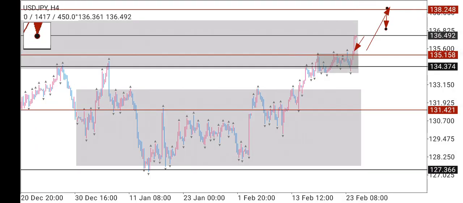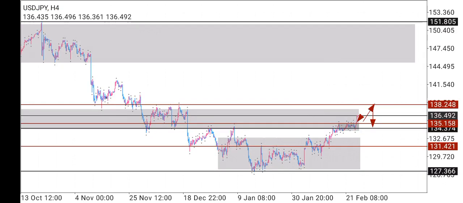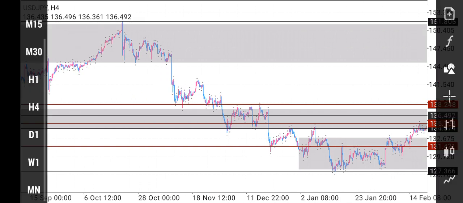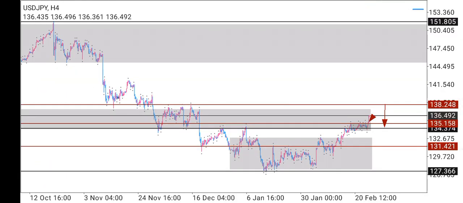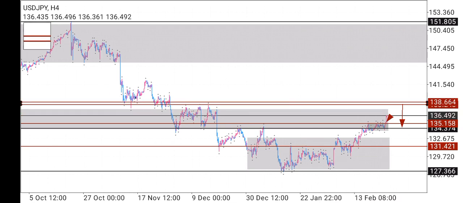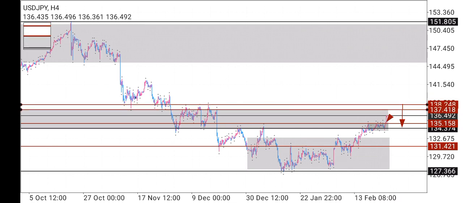So we'll be going for a retest. So let's see from this weekly. I'm seeing another point here. Let me mark it out. Let me use green color to differentiate it.